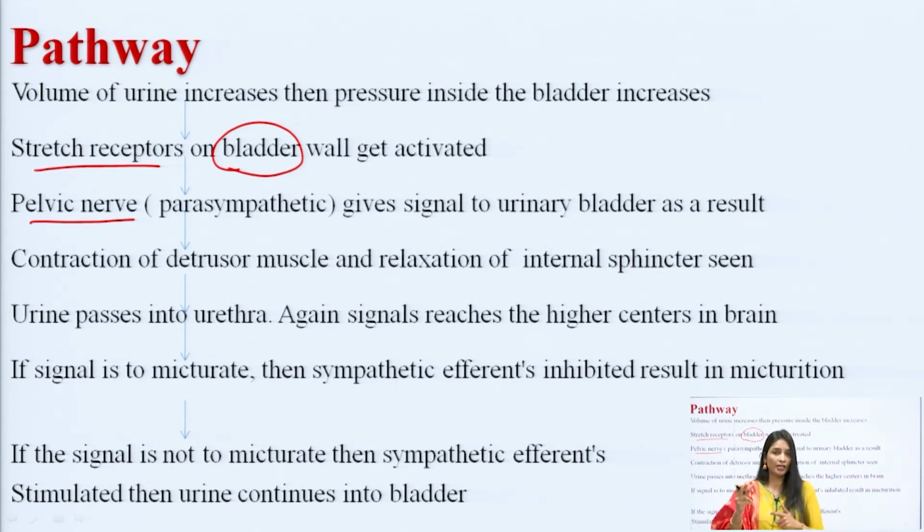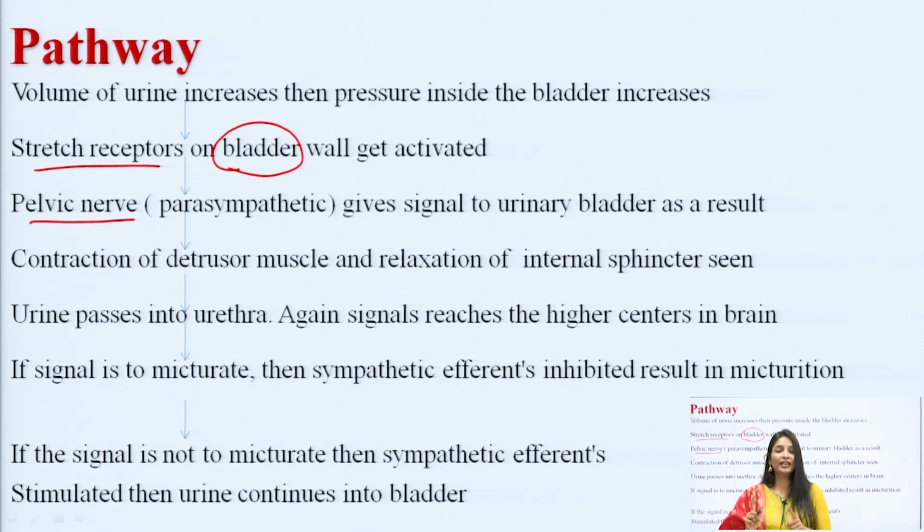If the sympathetic nervous system is activated, what is the role of the sympathetic nerve? Here I am talking about the hypogastric nerve. What is the role of the hypogastric nerve? To fill the urine. So here we have already received the signal to micturate, so for the micturition process the sympathetic nerves will be inhibited.